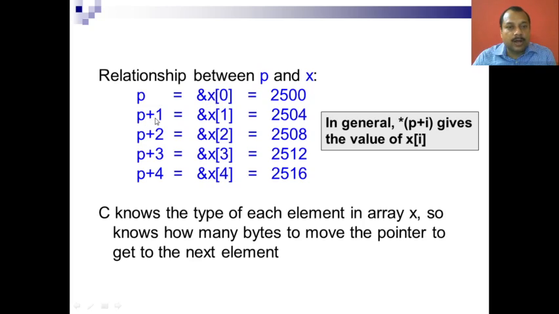Then p+1 is the address for &x[1], p+2 is the address for x[2], p+3 is the address for x[3], p+4 is the address of x[4].